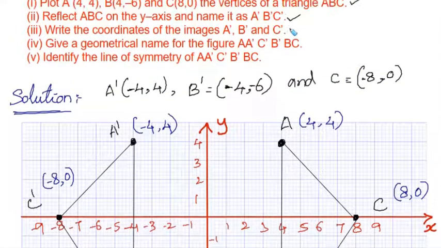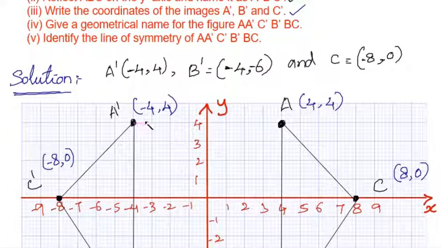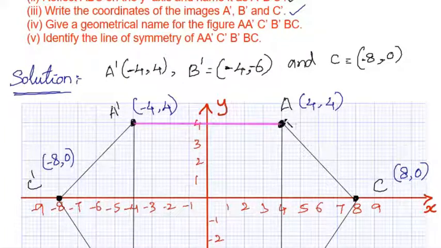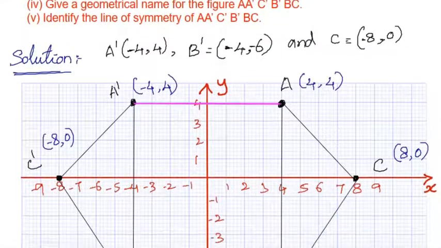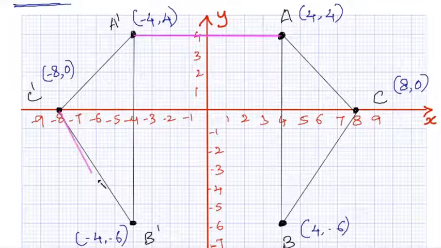So we have completed the first 3 points, and the fourth one, A dash, C dash, B dash, B and C. So we need to draw the lines for the given vertices, which is A dash, and then it goes to C dash, and then B dash, like that, like this.